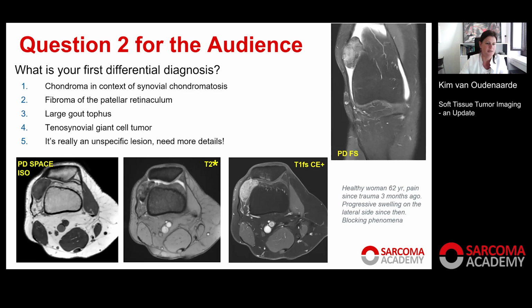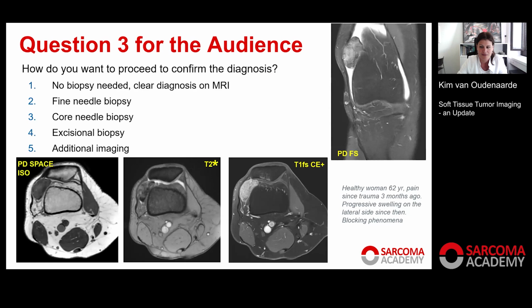Just keep it in mind, what is your preferred diagnosis here? Also a third question, I don't think this will function well, but let's try. How do you want to proceed to confirm the diagnosis? Do you say, well, no biopsy is needed, this is a clear diagnosis on MRI?